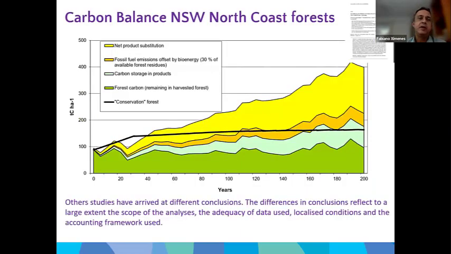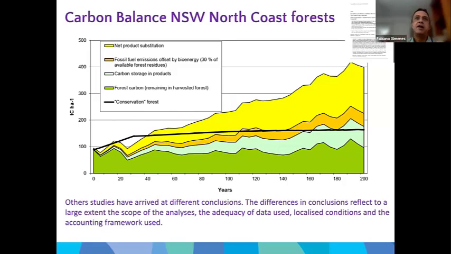And then you can combine all of that into an analysis that compares the outcomes of managing forests for conservation alone versus a forest that's managed for multiple purposes, including production. And when you include all the elements that we talked about before in terms of carbon storage in products, substitution elements, etc., then production forests can actually become a climate benefit much sooner than the conservation forest can be.